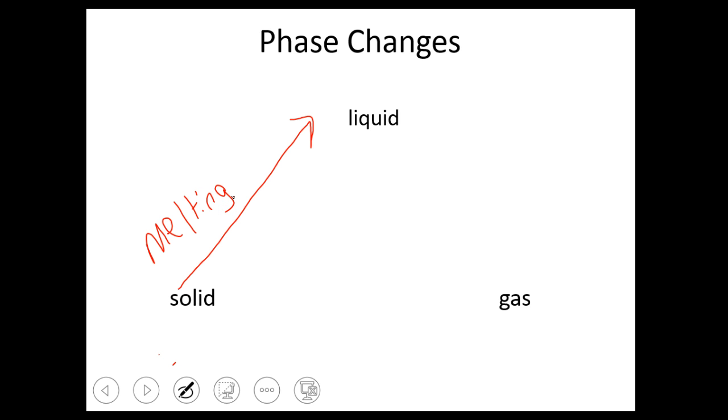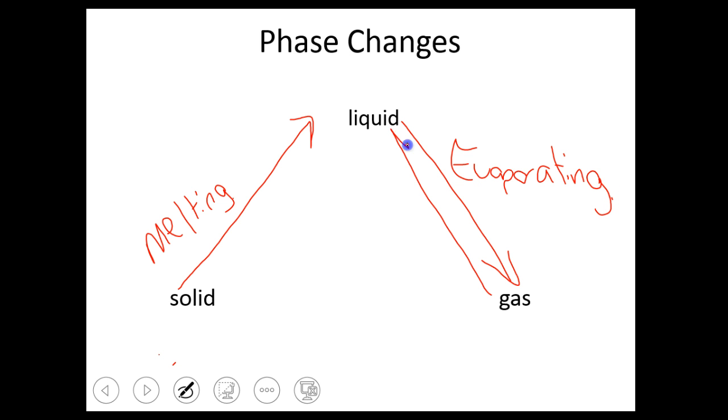And when something goes from a liquid to a gas, then we call that evaporating. Let's say we cool that gas off and we return it to a liquid. That's called condensation or condensing. And then if it goes from a liquid to a solid, we call that freezing.